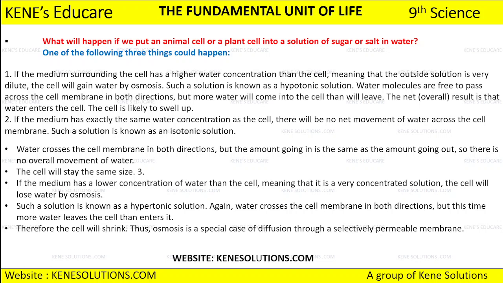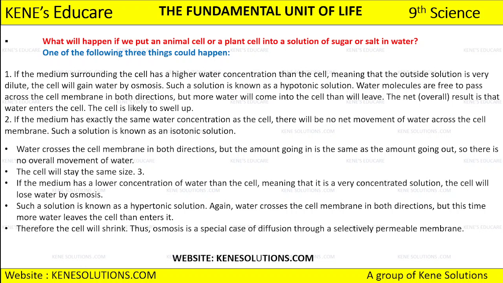Okay, and here the water molecules are free to pass across the cell membrane, because I told you that cell membrane is selectively permeable. But in this case, because of osmosis, because the cell doesn't have that much water, ये molecule जो है वो pass करेगा across the membrane in both the directions, but more water will come into the cell. Why?